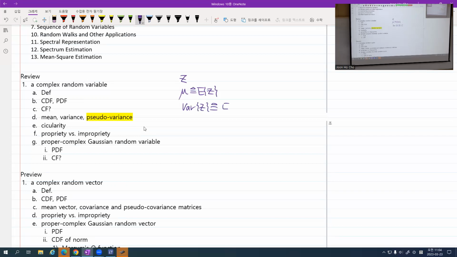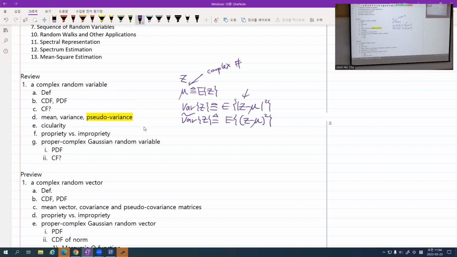Variance of Z is defined as the expectation of |Z minus mu| squared, because this is a complex number, and in general, mu is also a complex number. Unlike the variance, complementary variance or pseudovariance just squares Z minus mean of Z. So they are different.